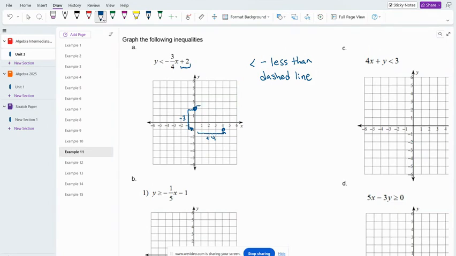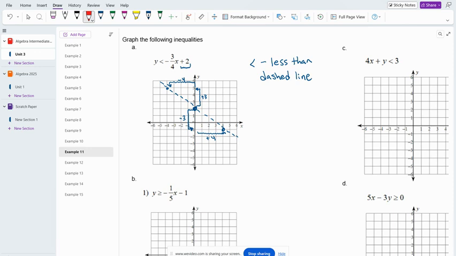Up 3 and over 4. And then I'm going to do a dashed line, connecting the dots the best that I can. Sometimes it's good, sometimes it's not so good.